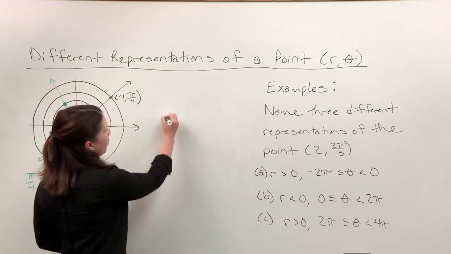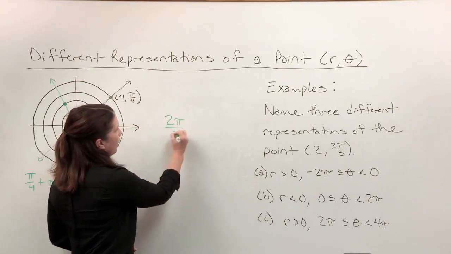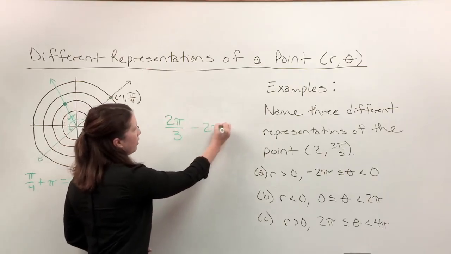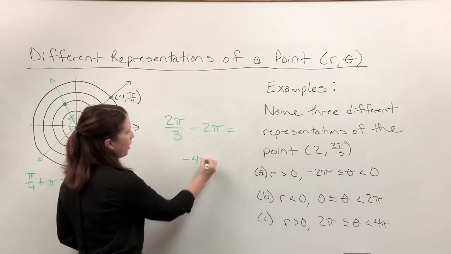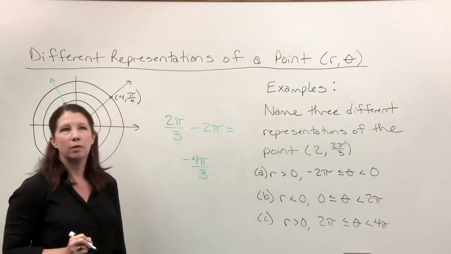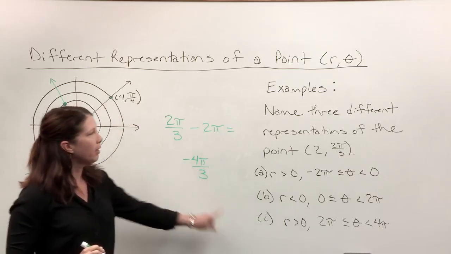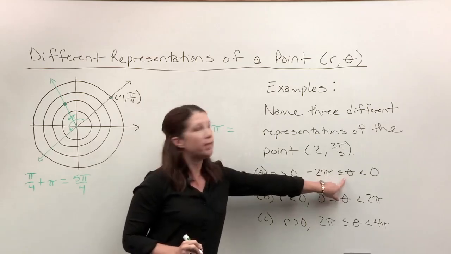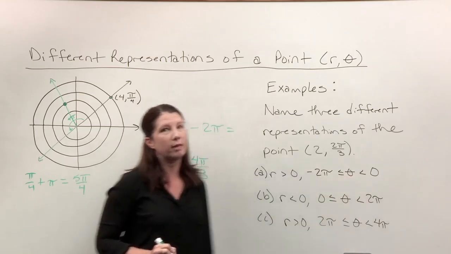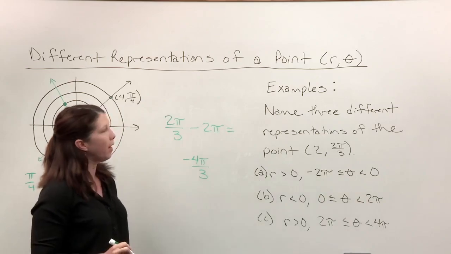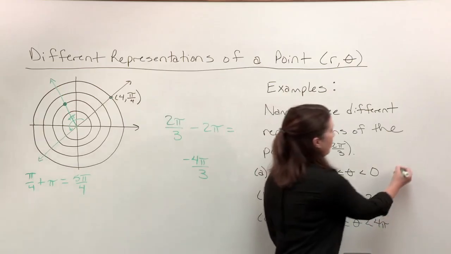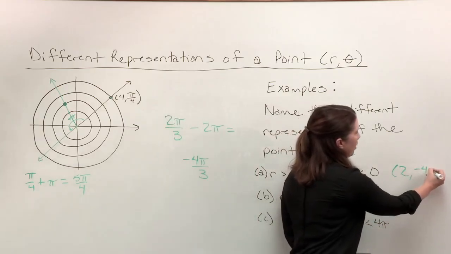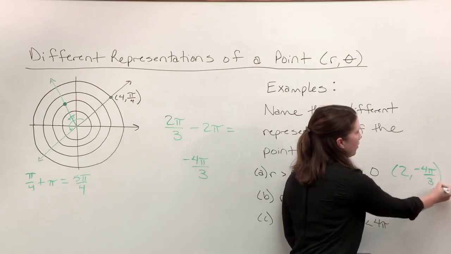If we take 2 pi over 3 and subtract 2 pi, we get -4 pi over 3. So -4 pi over 3 is greater than or equal to -2 pi and less than 0, and is coterminal to 2 pi over 3. So we can represent this point as 2, -4 pi over 3.